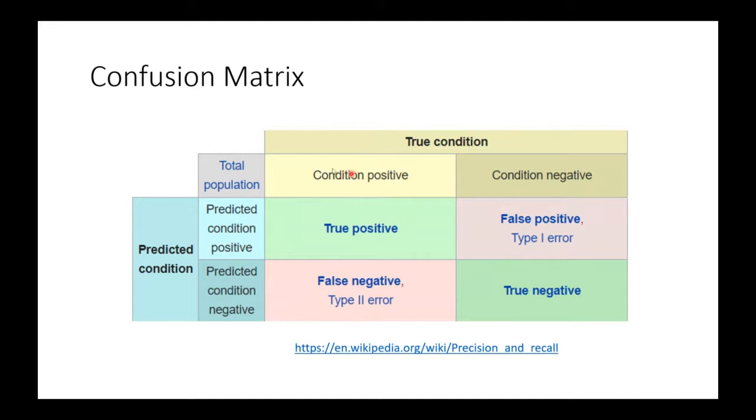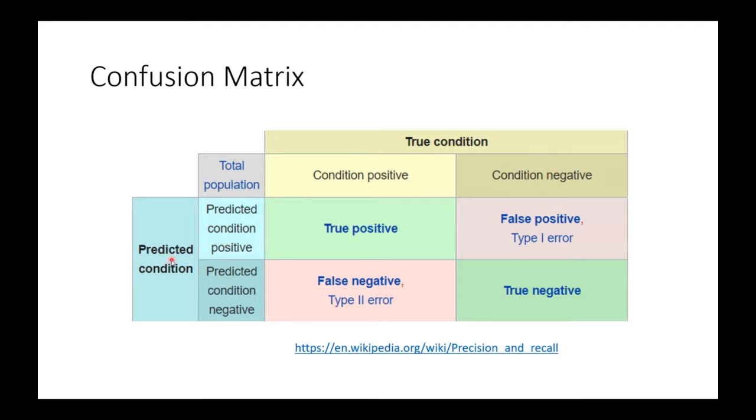So I know the right label for my examples, the right positive labels and also the right negative labels. And this side here is the predicted positive cases and negative cases. Taking our example of cats and dogs, for condition positive, I know all the images that have dogs are dogs. And I know all the images with cats are cats, and they are labeled as cats.